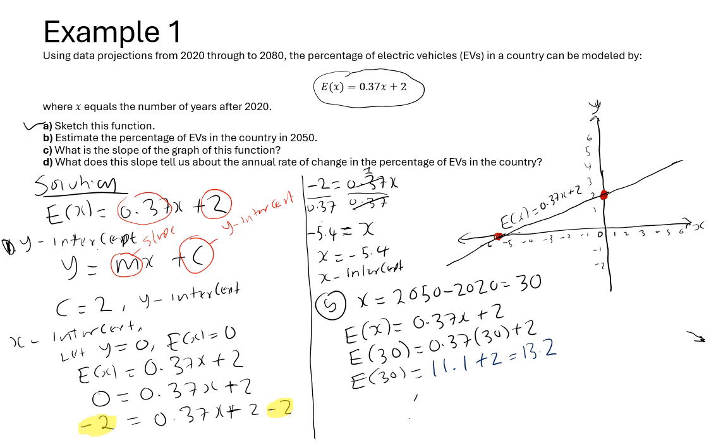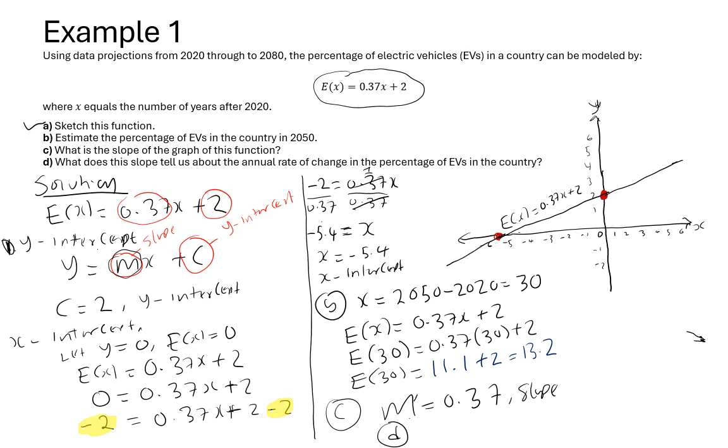So C is the slope of the graph. As we can see, when we represent it as y equal to mx plus c, the slope is just the coefficient of x. So m is just 0.37. That's our slope. And D is what does the slope tell us about the annual rate?